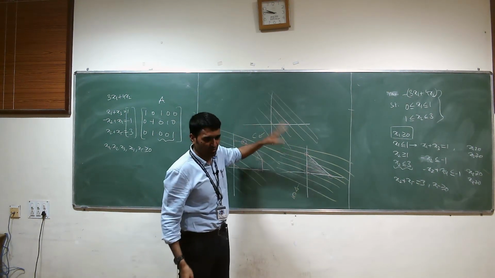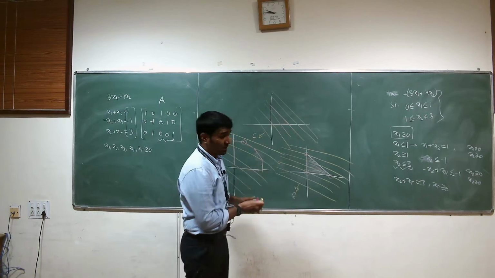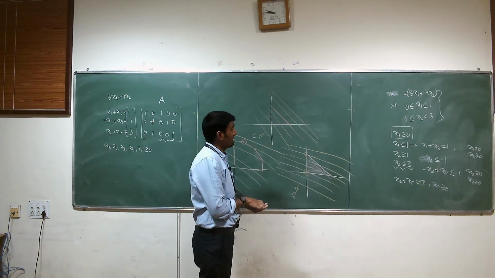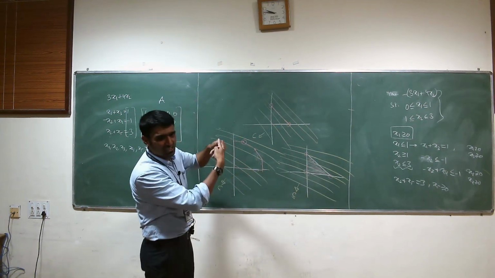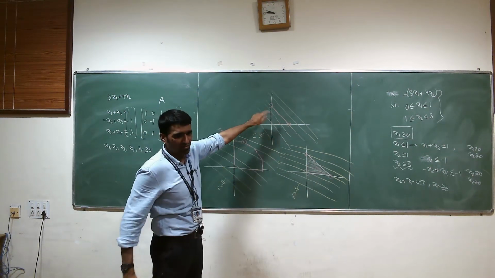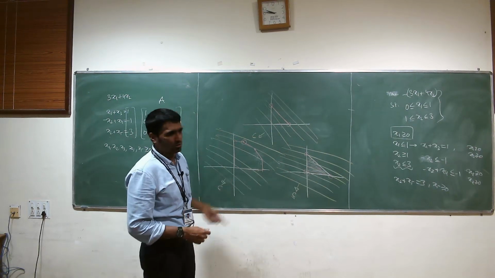Now you have an infinite number of solutions. But the point to note here is there are still two vertices that are solutions, and any edge that joins those two vertices will be a solution to that problem.